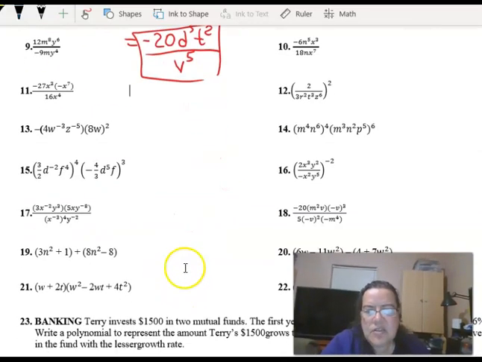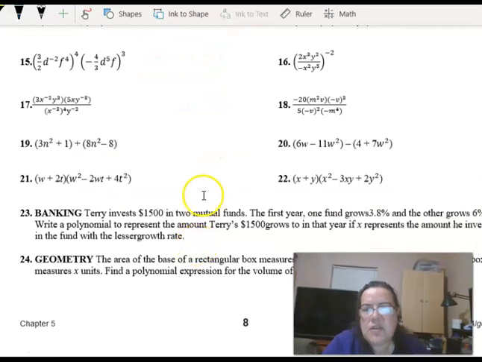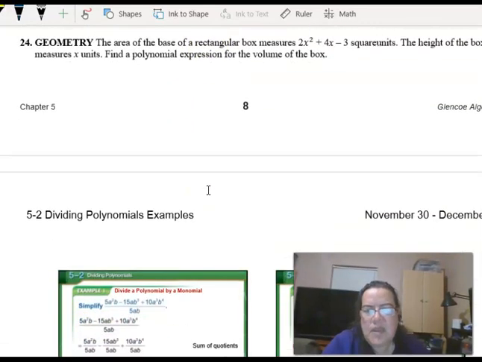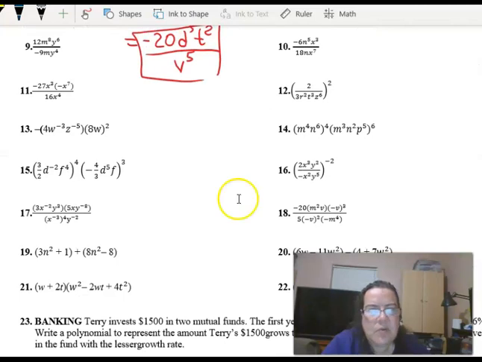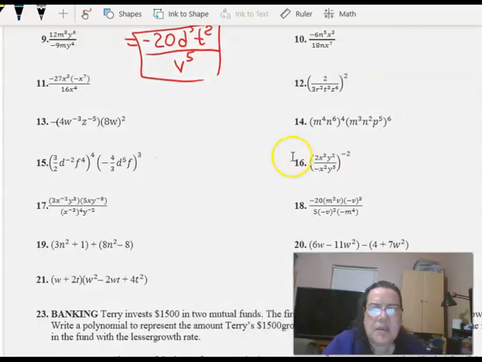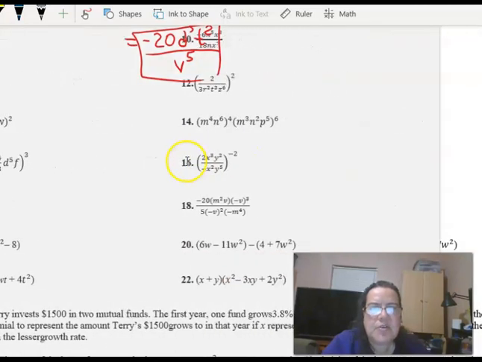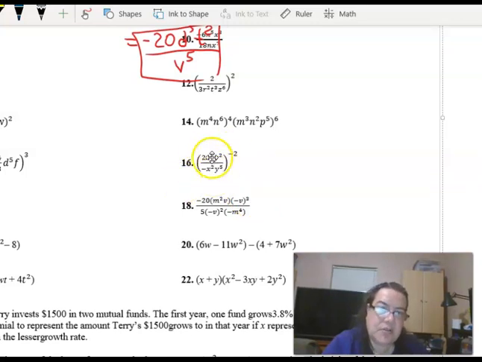So in the next sections, you're expected to continue doing the same thing. Let me do maybe one more with division to help you with that. So let's try something like number 16. Number 16 wants you to, okay, first it's a quotient, so it's a division to the negative 2.